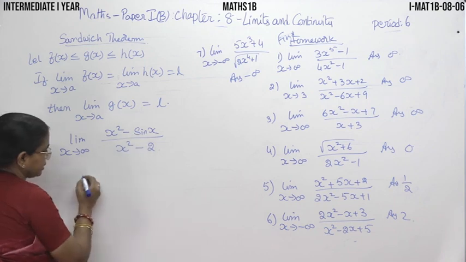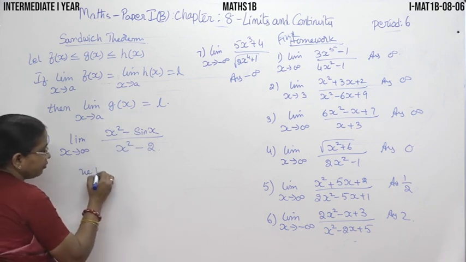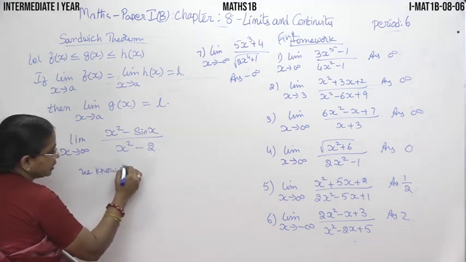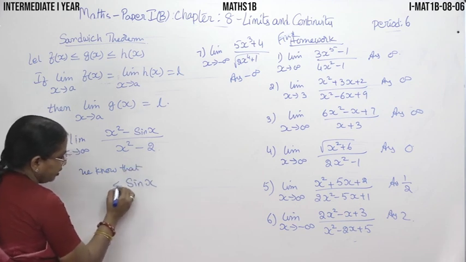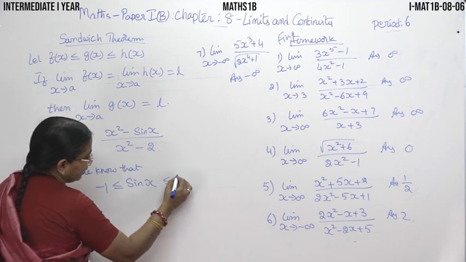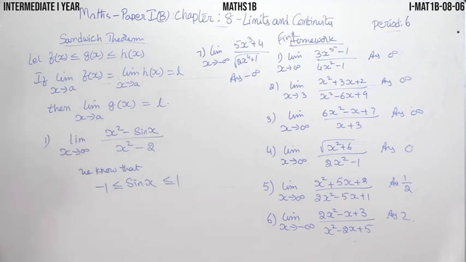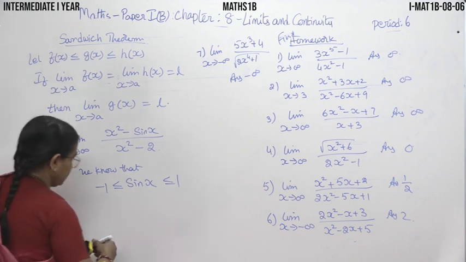We have sin x. We know that sin x lies between minus 1 and 1. Now multiply by minus 1, then it becomes minus sin x.